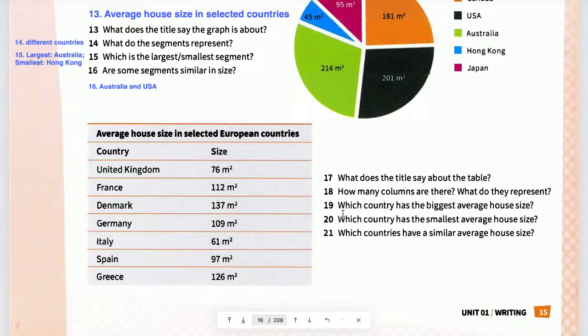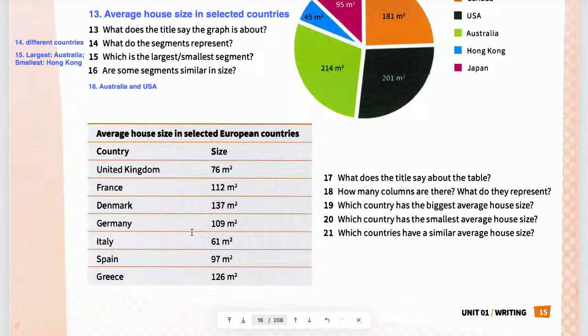Thư, first of all, what is the title here? The title here is Average House Size in Selected European Countries. Yes, average house size in selected European countries. That is the title of this table, right? So what does the title say about the table? It is average house size in some European countries.